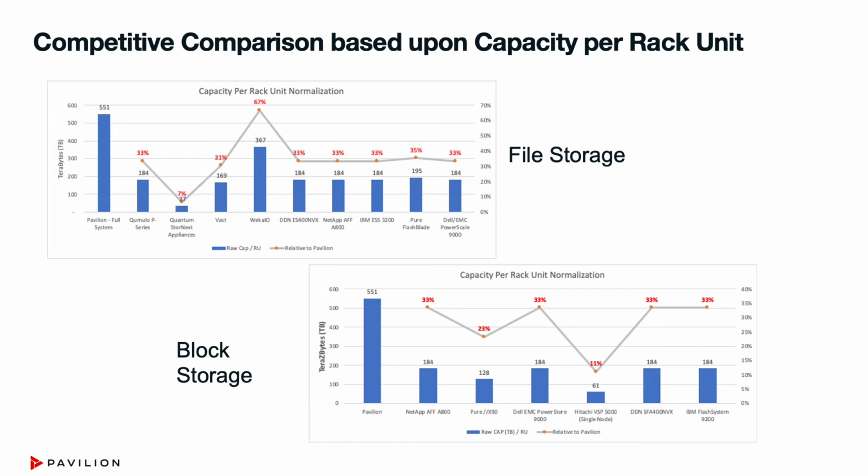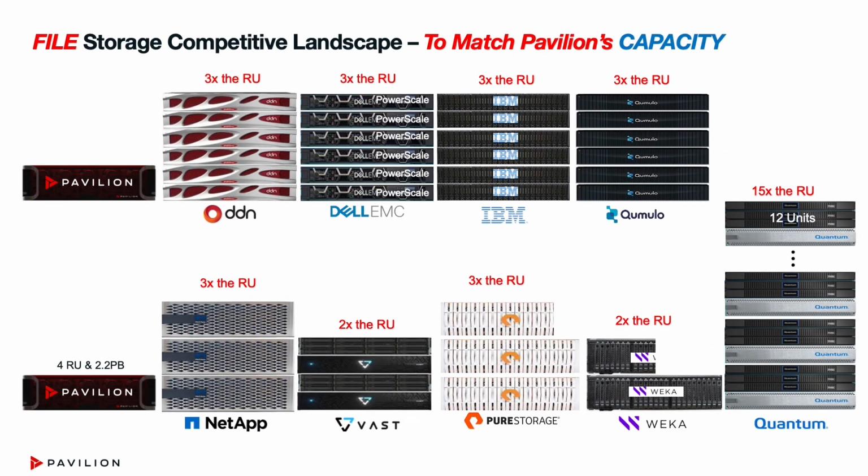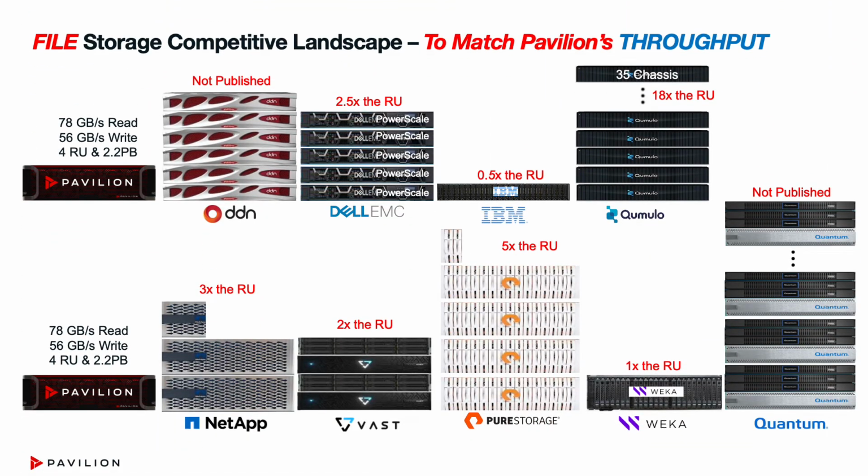On capacity per rack unit, here is Pavilion relative to many competitors. Again, I'll pause for you to digest. This is to match Pavilion's throughput from a file perspective. Again, many competitors. Pause for you to review and pause the video if you want more time.